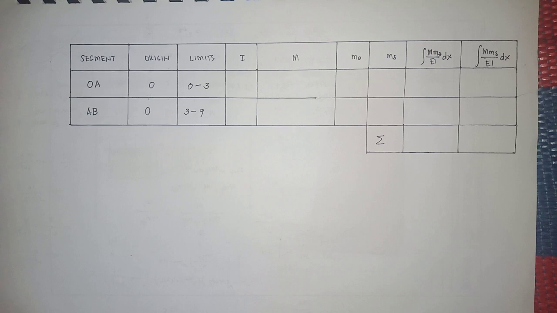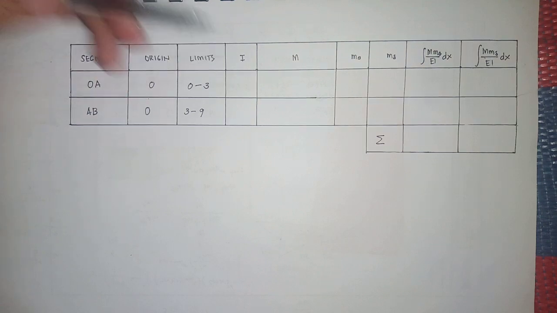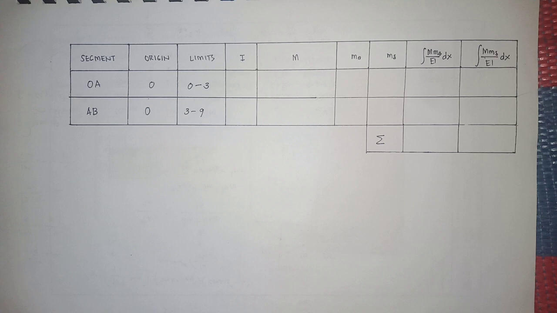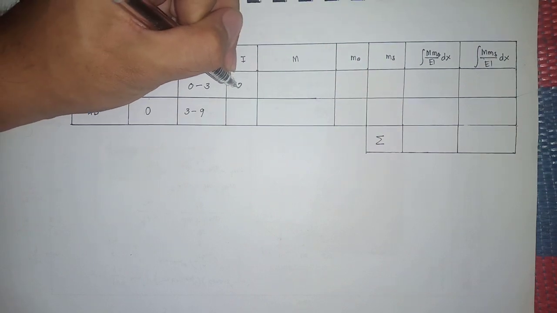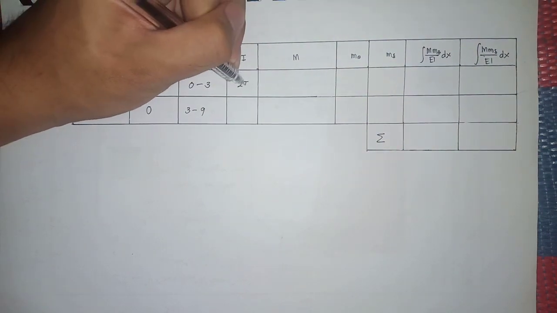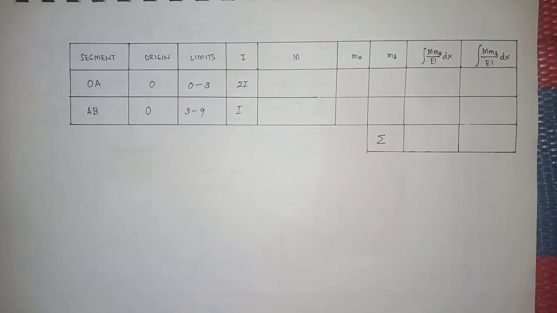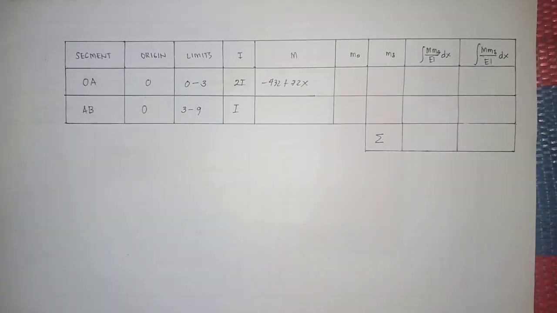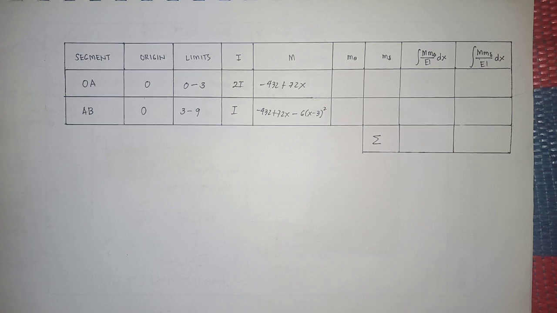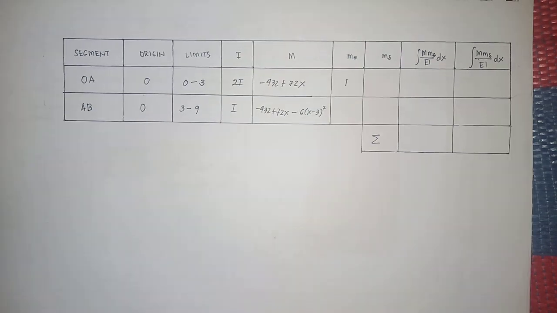That's because yung moment of inertia ay nag-vary doon sa segment na to, no? So we have 2I here, we have I here. Okay? So yung moment equation natin, ilalagay natin siya. Yun yung kinuha natin kanina. And for m sub theta and m sub delta, these are as follows.